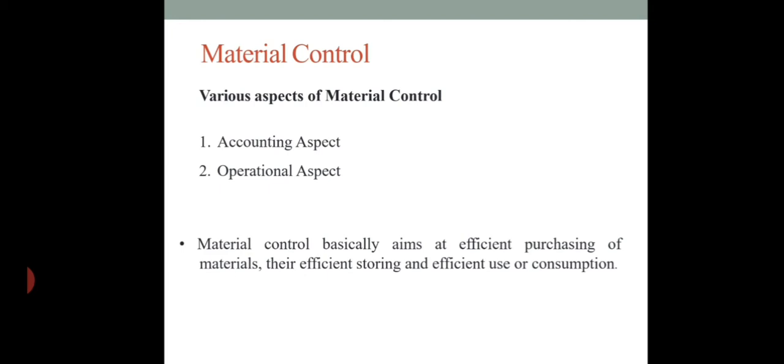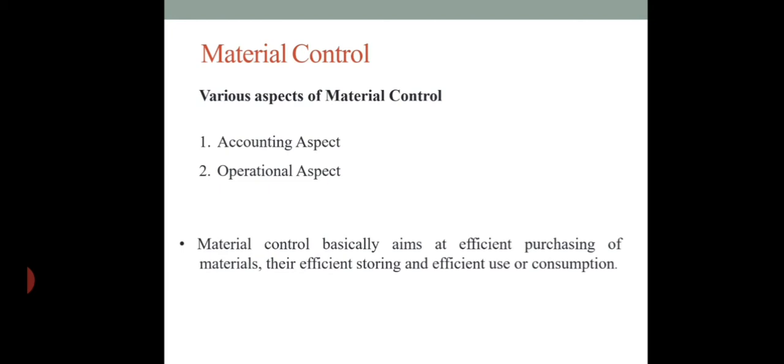The material control on the basis of the accounting aspect is concerned with maintaining the documentary evidence of the movement of materials at every stage, right from the time sales and production budgets are approved to the point when materials are purchased and actually used in production operation.